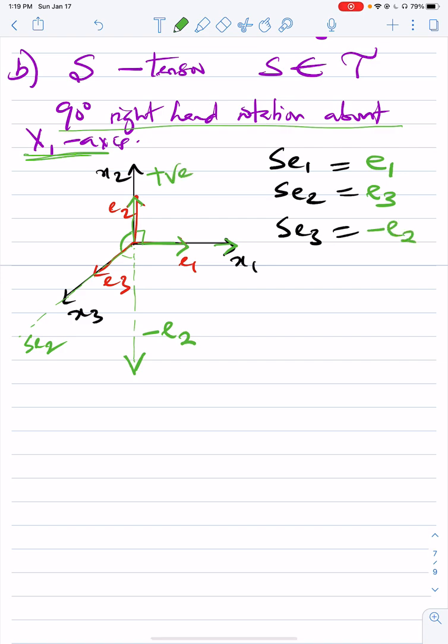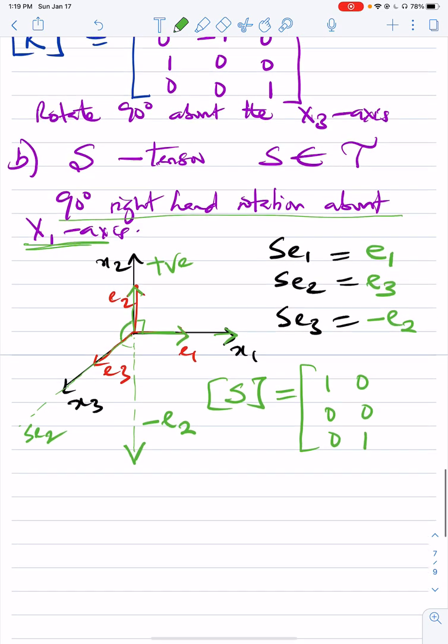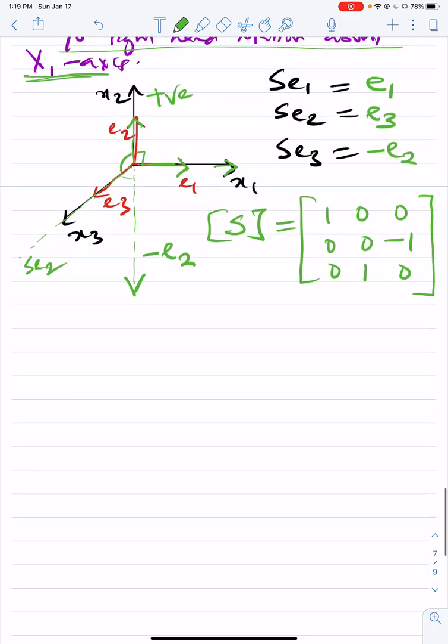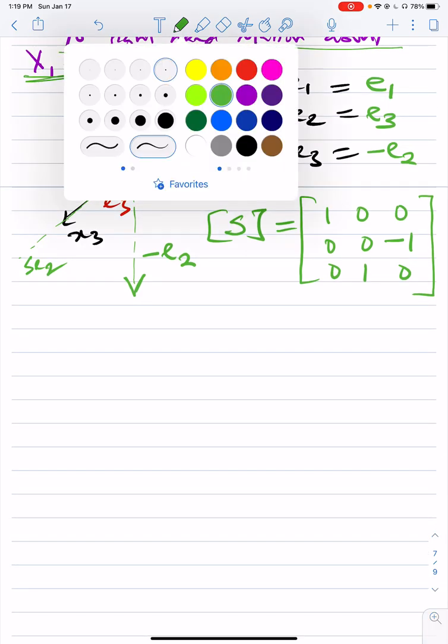So this is negative E2. So the tensor itself should be 1, 0, 0 because E1 has 0 for the other components. For E3 we have 0, 0, 1, right? Then for this part we have 0, minus 1, 0. So that is the rotation tensor about axis x1.